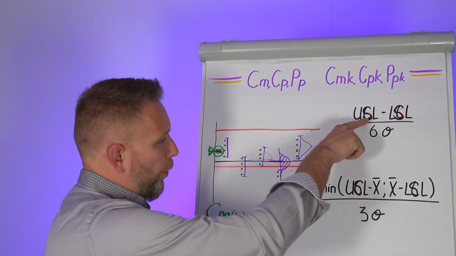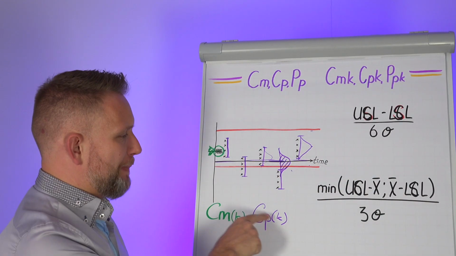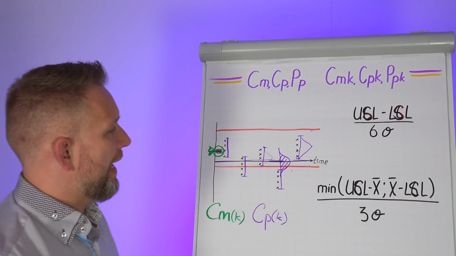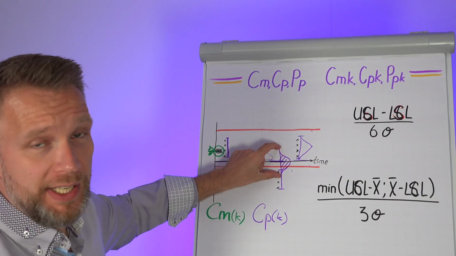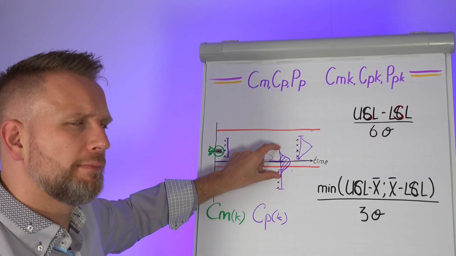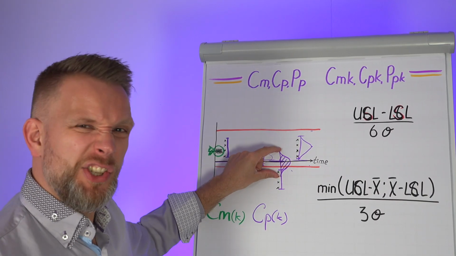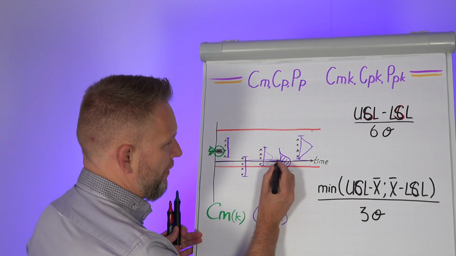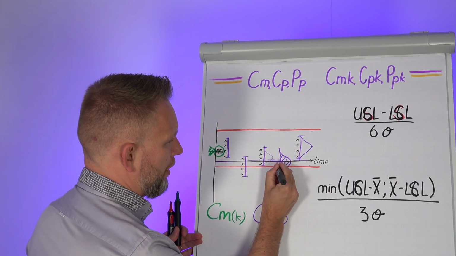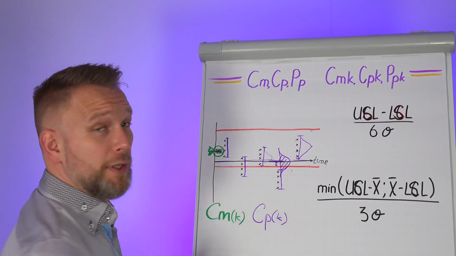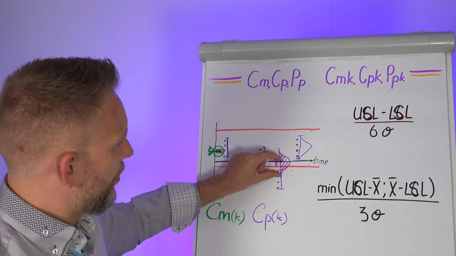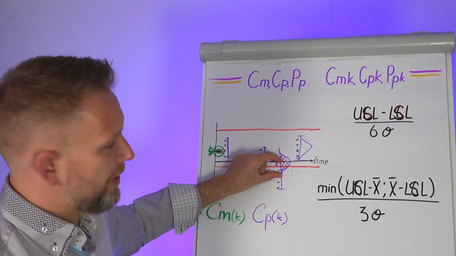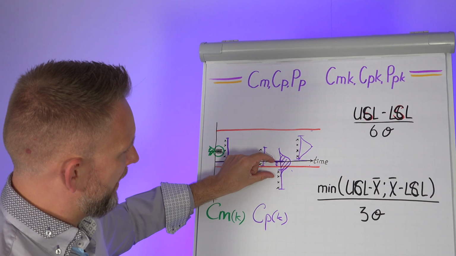Then when we go for the Cpk, it says we'll take these 6 standard deviations, or actually, let's just check which side is closest. Average to closest specification limit. So these 3 standard deviations, how well do they fit within that?